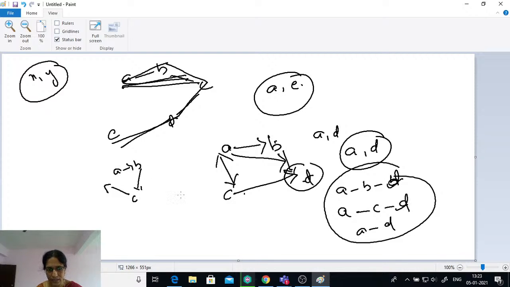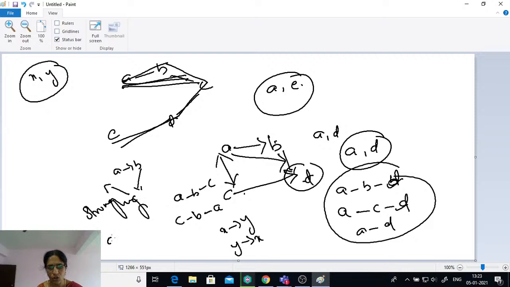Suppose my intention is to find the path from A to C, as well as to B. There is a path from C to B as well as B to A. That means the x to y path exists and the y to x path also exists. Then we can say that it is a strongly connected graph, or strongly connected component.